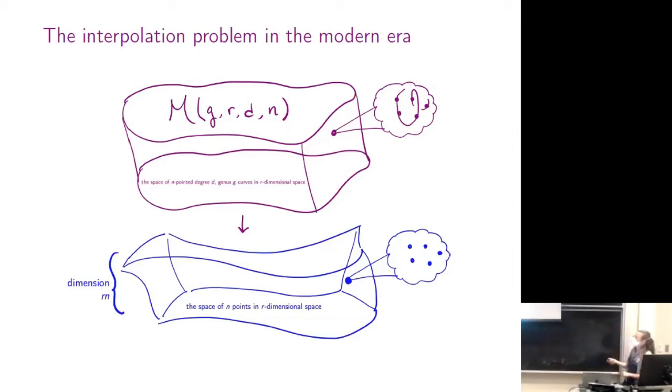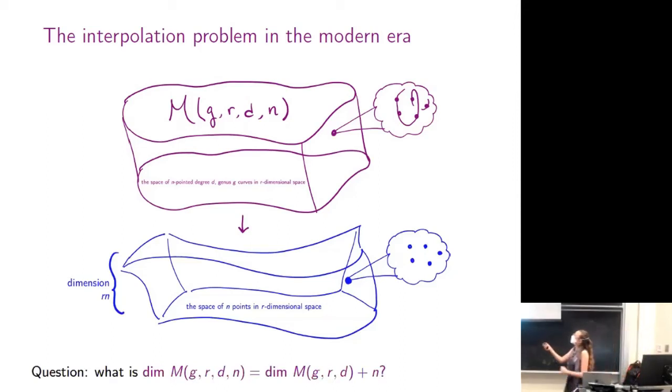Okay, so if I want to formulate a conjecture about this, I just want to know what is the dimension of this parameter space of these genus g curves in r-dimensional space of degree d with n marked points on it, which should be n more than the dimension of just the unmarked curves.